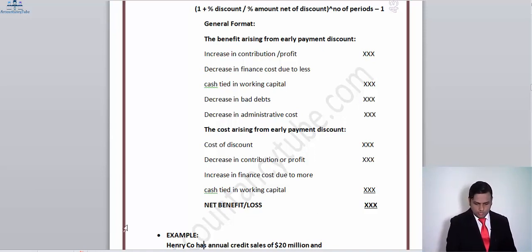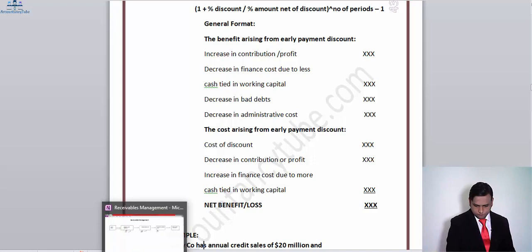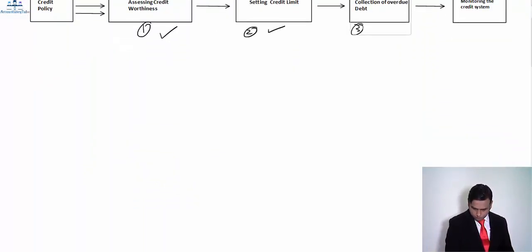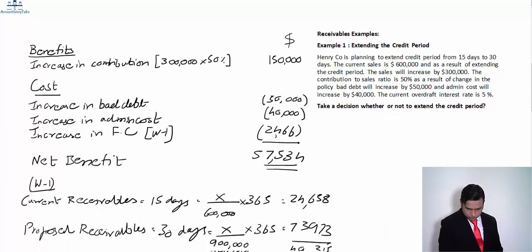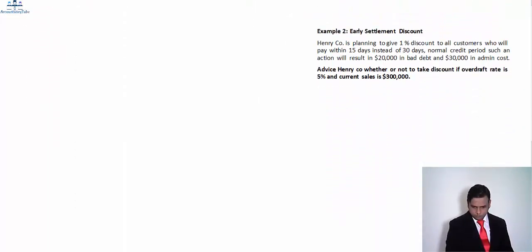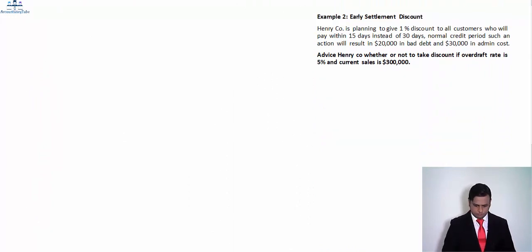So let's do that also with an example. We have got an early settlement discount. That's the name of the example. Let's read it out.